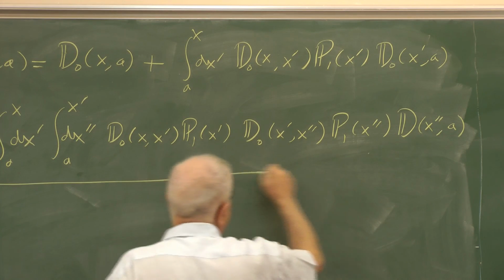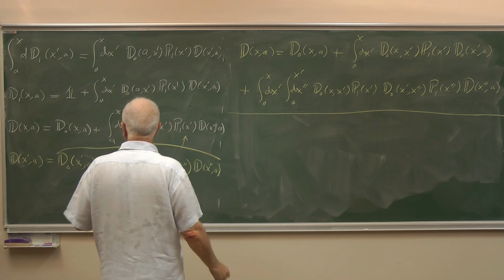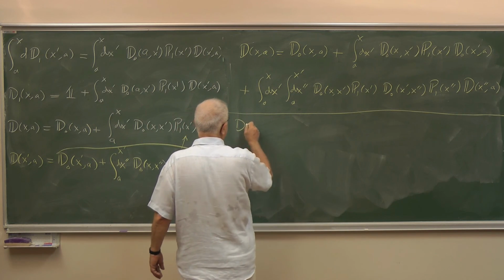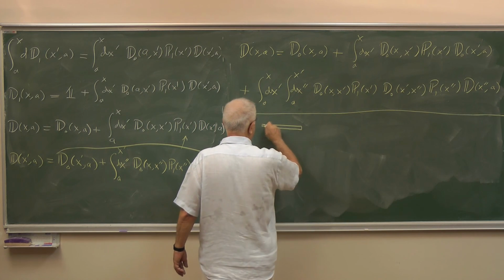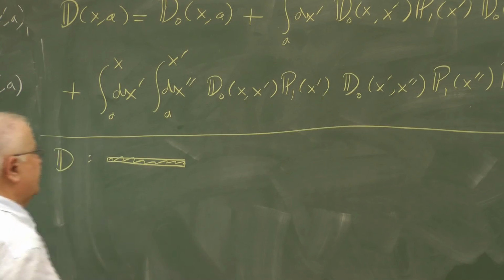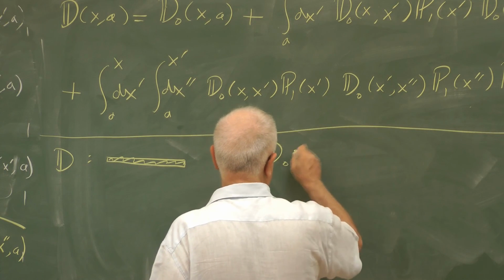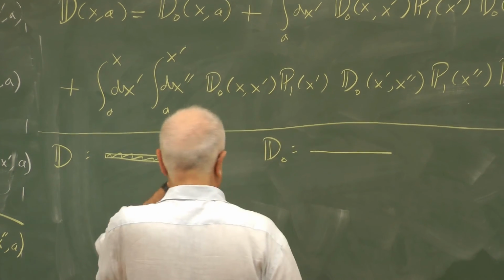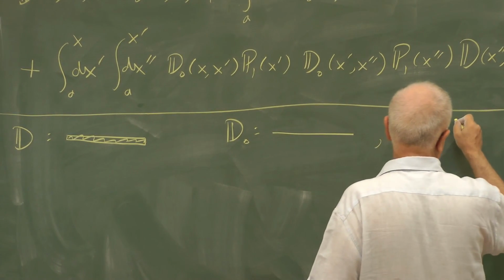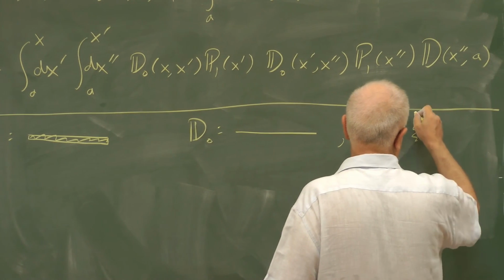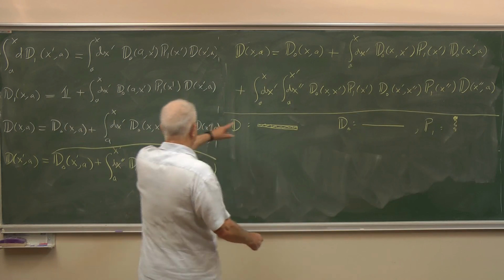What is the simpler diagrammatical method? Let us say d should be symbolized by a complicated line. And let us say d0 is simply a line. And let us say p1 is something like this. So what is this equation?